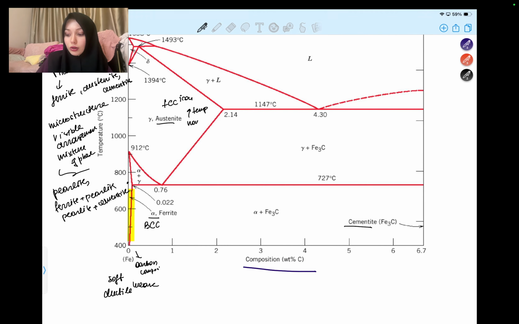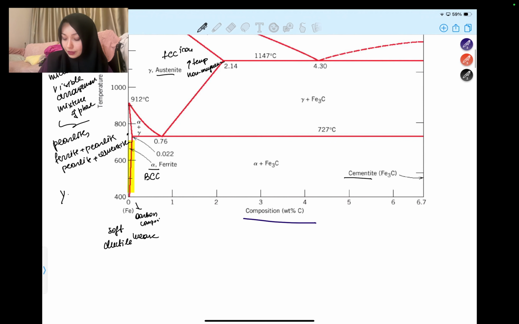It is non-magnetic, more ductile, and dissolves much more carbon than ferrite. And one important point, which I'm going to write outside of the table about austenite: many important heat treatments start from austenite.